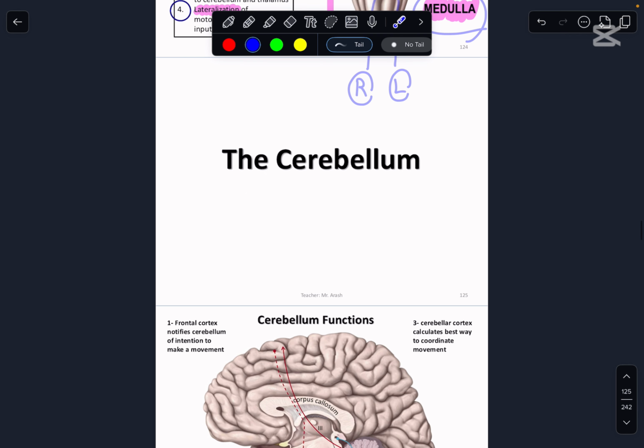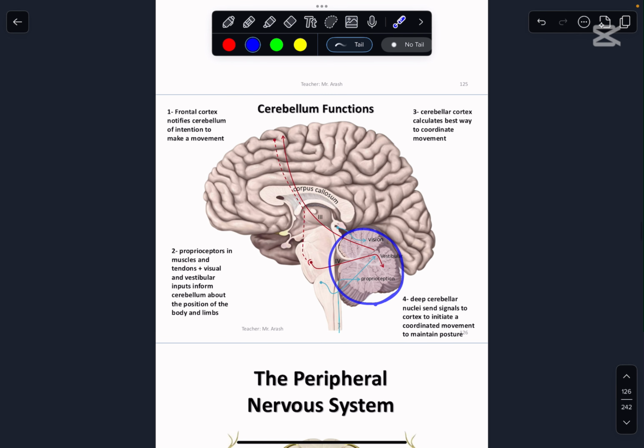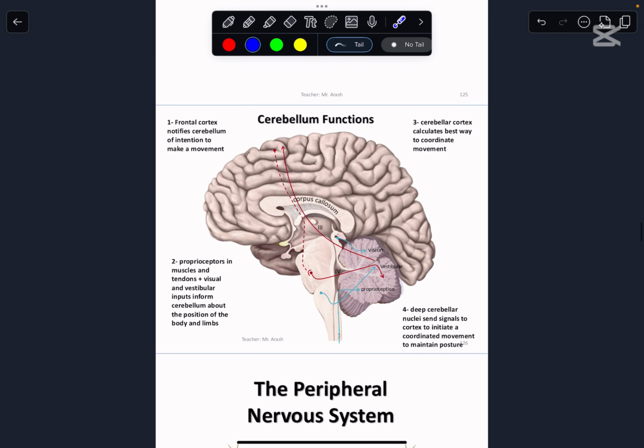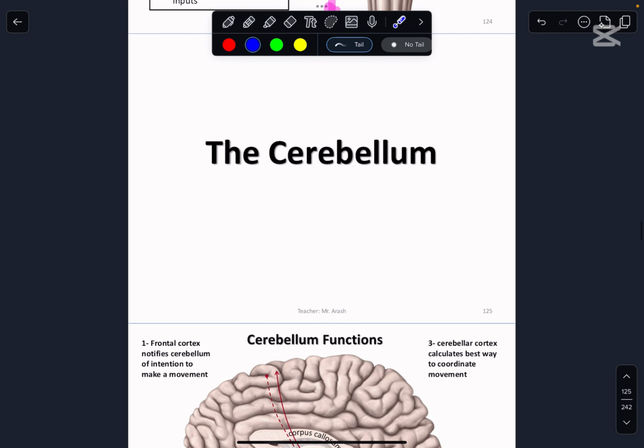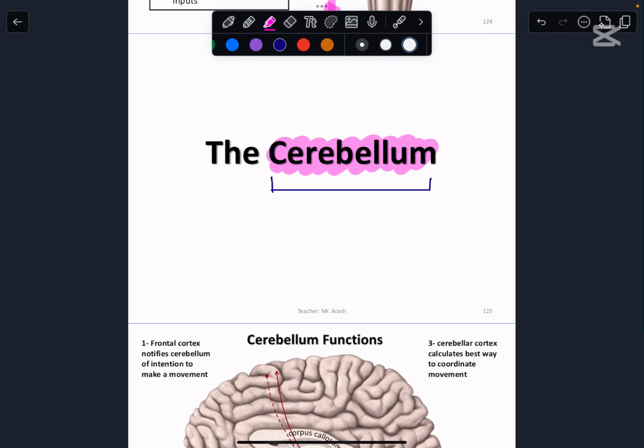Cerebellum, which is this part right here, that's the part that has to do with essentially bulk movement of function. So bulk movement. Cerebellum.